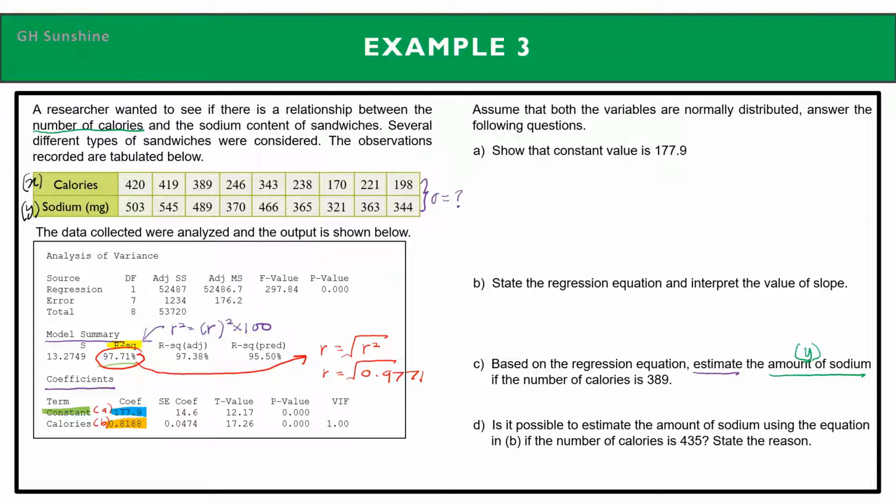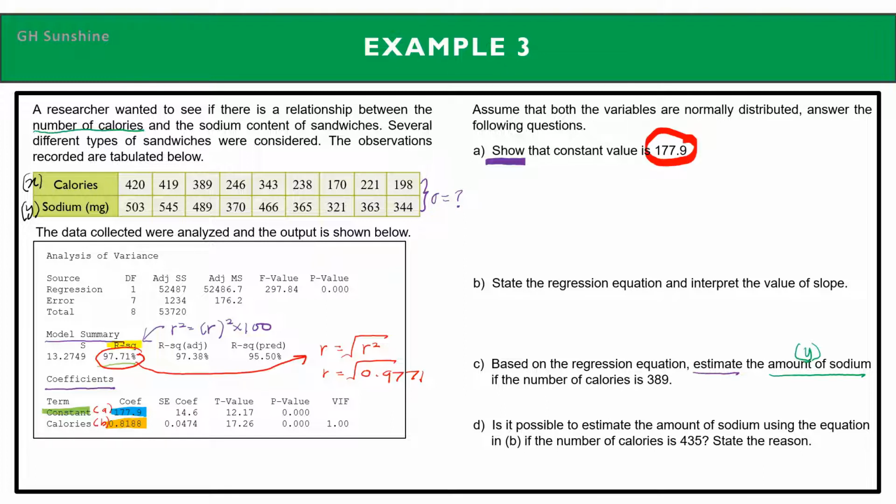Okay. Next, assume that both the variables are normally distributed. Answer the following questions. So first question, show that constant value is 177.9. Show that, prove that. So at the end, the final answer must be equal to 177.9.